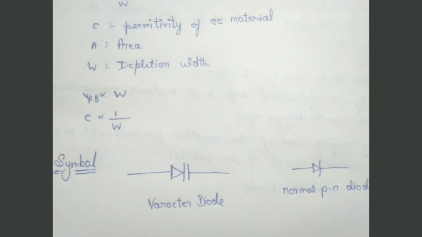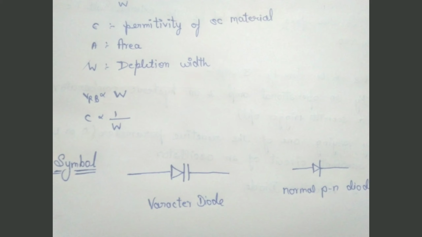So capacitance is inversely proportional to the width of the PN junction. So the reverse bias voltage is controlling the width and the width is controlling the capacitance.